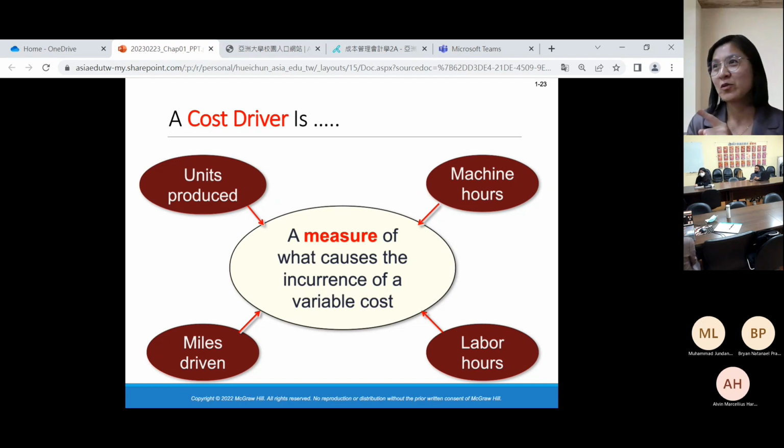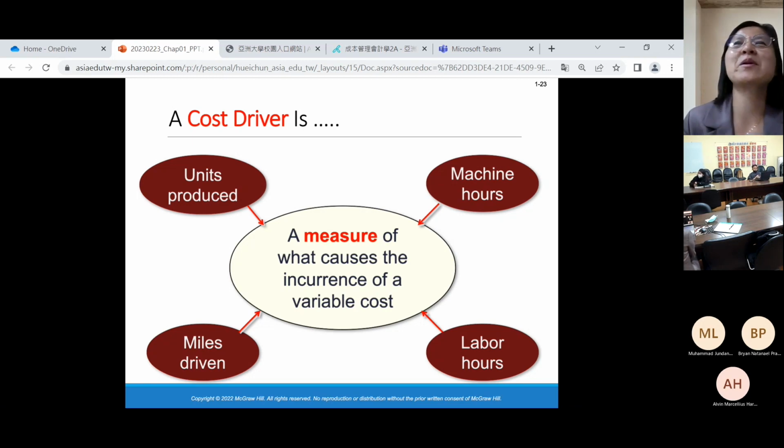So do you know the difference between cost driver and cost behavior? You just say the keyword. Cost driver is a measure.